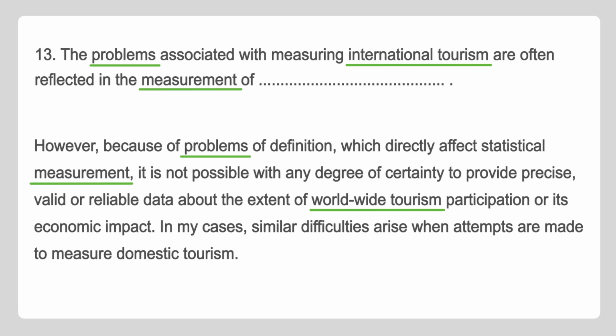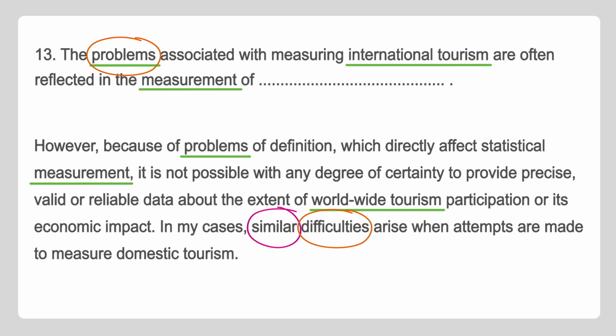We have not found anything other than worldwide tourism, so we have to continue. In many cases, similar. When you see similar here, it means it's going to talk about another difficulty with measurement of something. Similar difficulties, so difficulties is the synonym of problems here, arise when attempts are made.